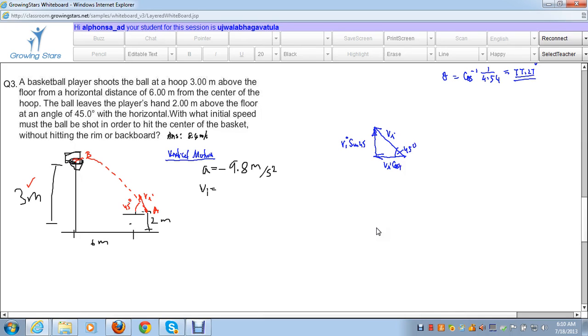So when we are analyzing vertical motion, what's VI? VI sine 45. We are starting from the base, going from A to B, so the initial velocity would be the vertical component, VI sine 45. So you can write V equal to VI sine 45.